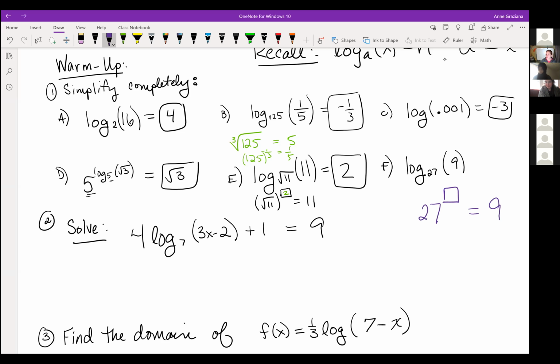Who was that? It said it so quietly. Oh, it was me. Sorry, Sabrina. Hi, Sabrina. Okay, 2/3. Let's check that out. So if I have 27 to the 2/3, that's the cube root of 27 squared, which is 3 squared, which is 9. So yes, this is 2/3.